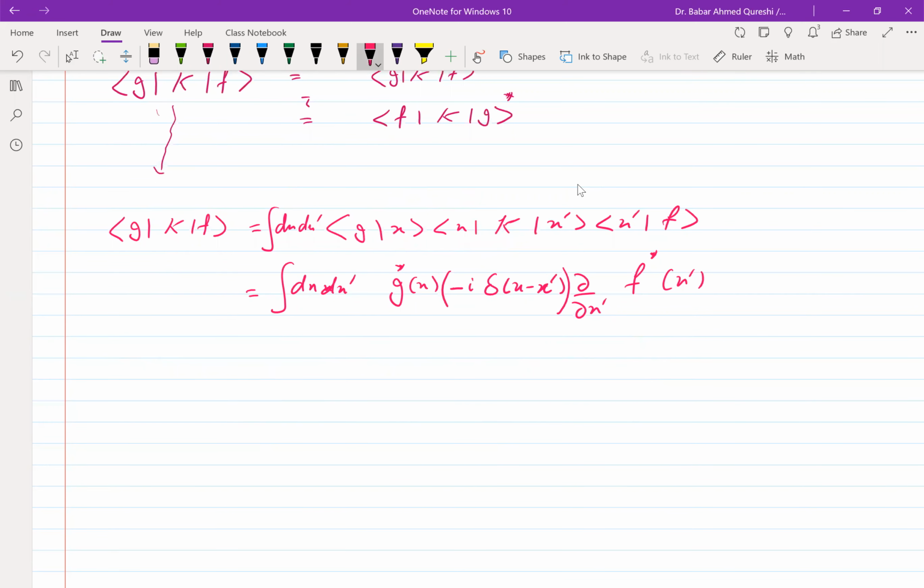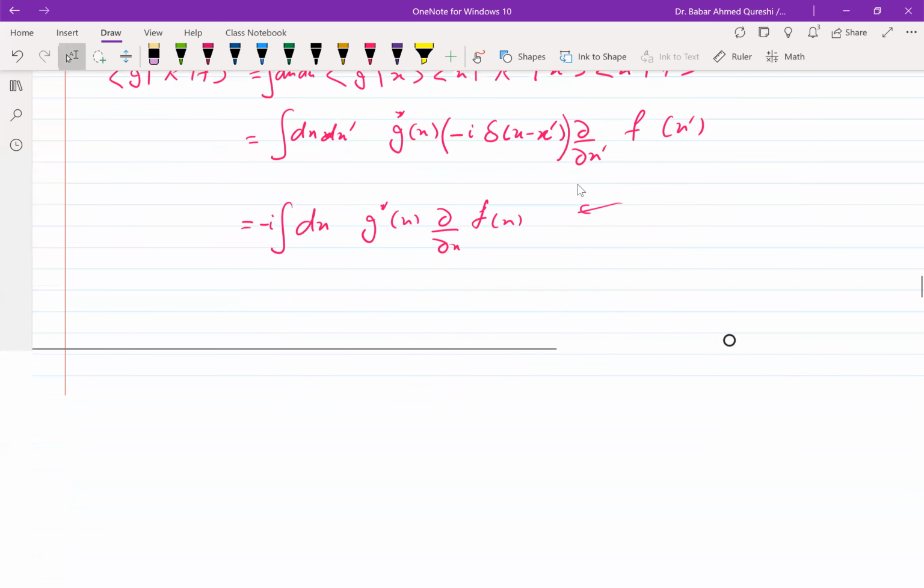So when I do the integration on dx dash, I get minus iota d by dx f of x, there's no star here. So you can just stick with this. You don't have to write these intermediary steps every time.